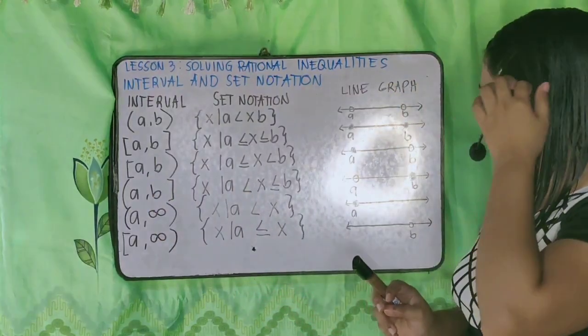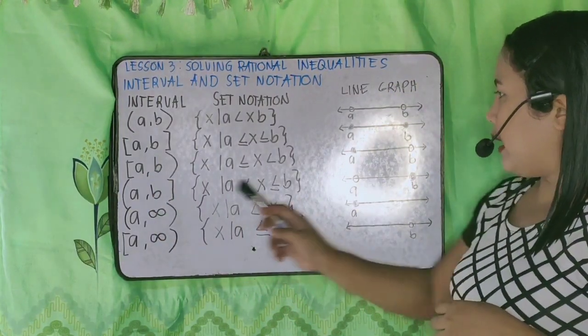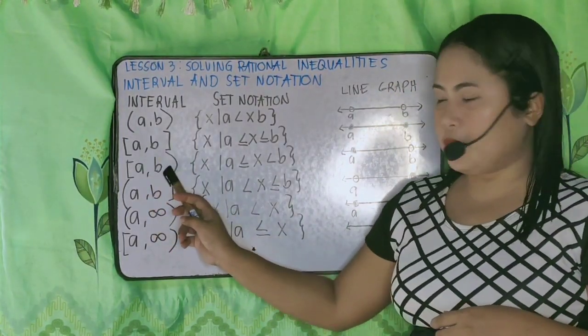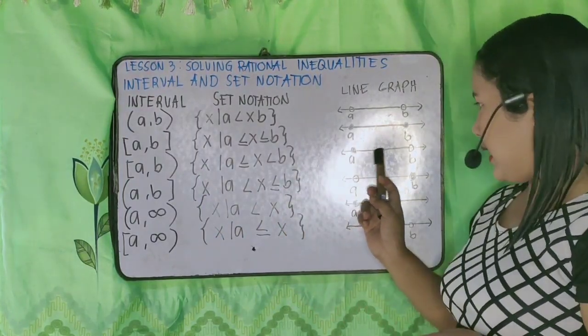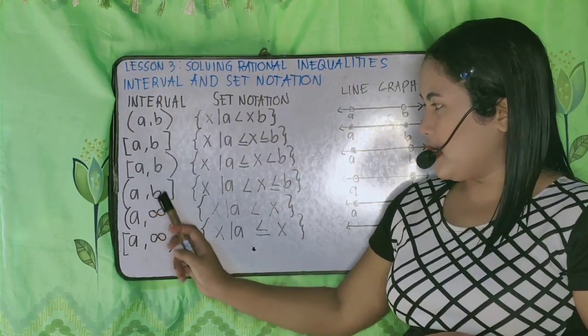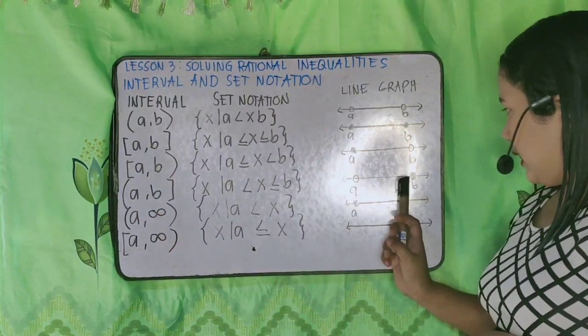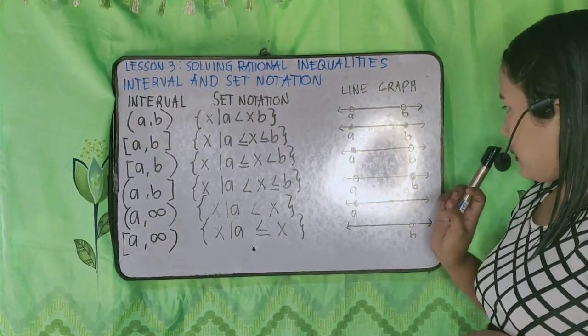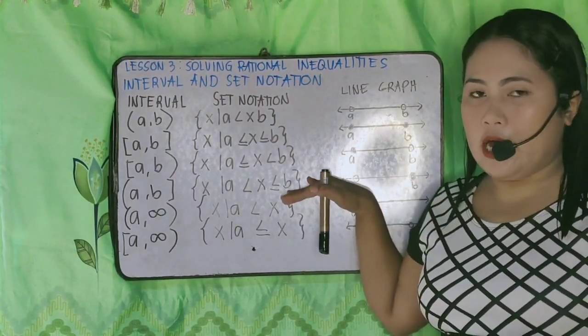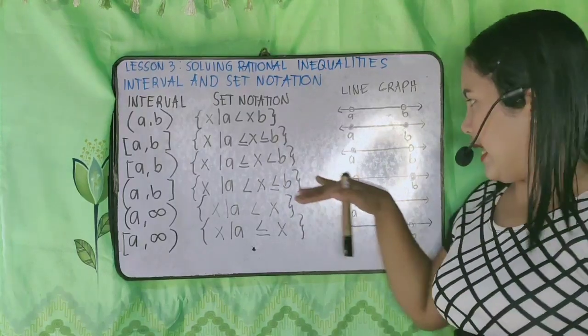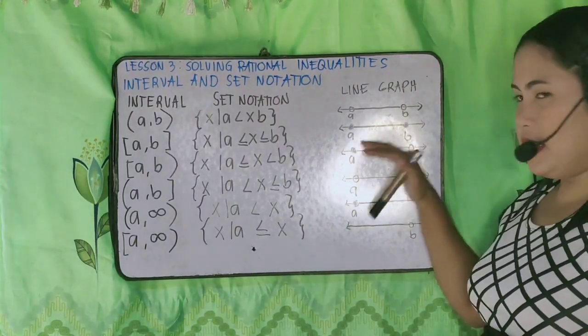So pag ganyan, take note, pag open bracket and then close parenthesis, gagamitin natin is shaded circle, and then pag open parenthesis and then close bracket, ang gagamitin natin is still shaded circle pero papunta sa negative sign, dito sa unahan, papunta sa positive sign.